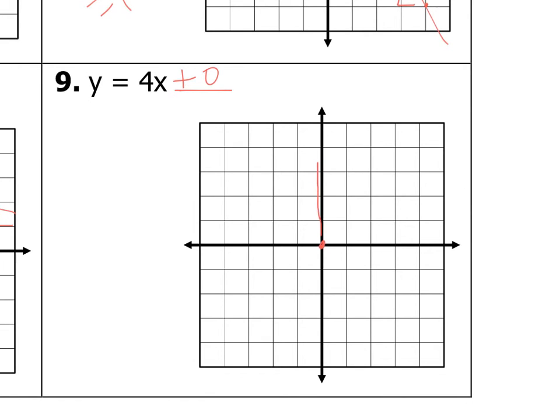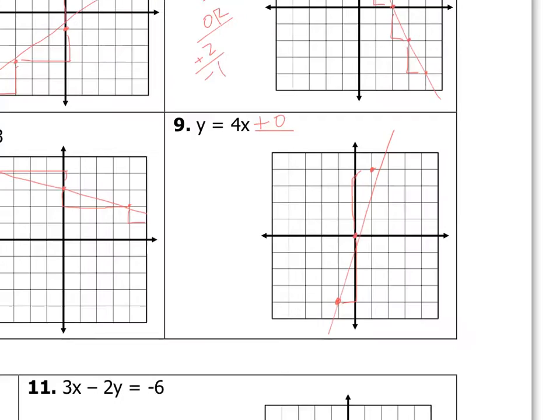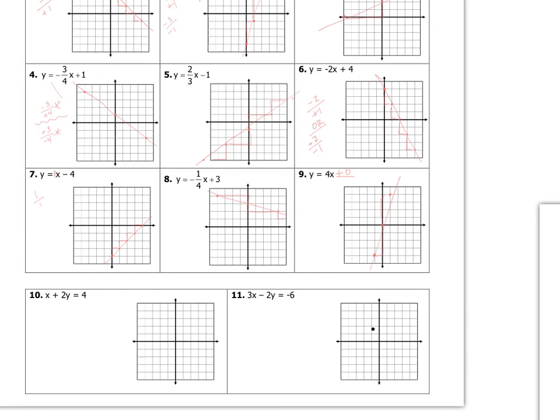We're going to go up 4 and over 1. Uh-oh. There we go. Out of graph, I can go down 4 over 1. Again, this is y equals 4x. Whew, not a good line there. Straight line, but just not through any dots. Compare that one to some of the fraction ones. That one's really steep. Okay?